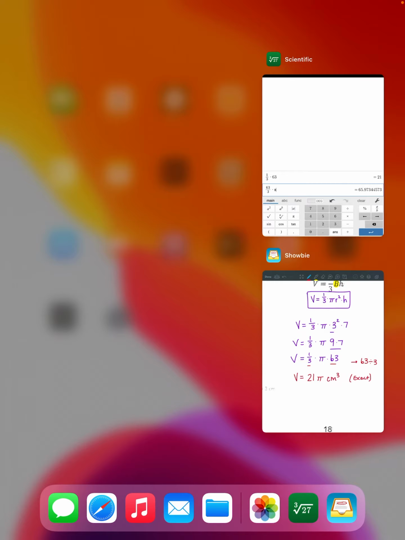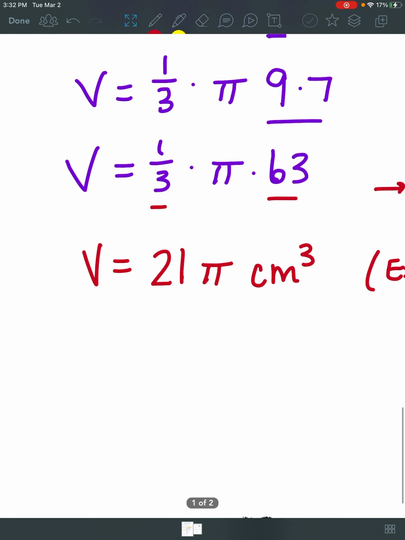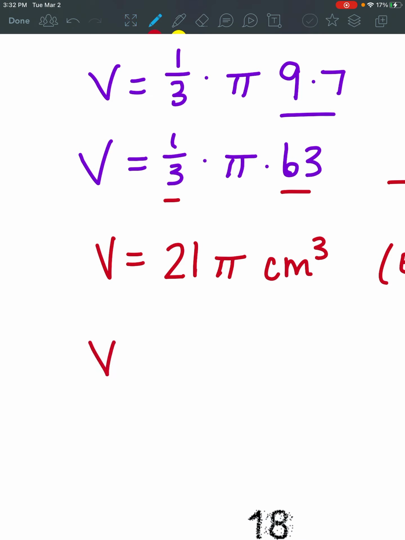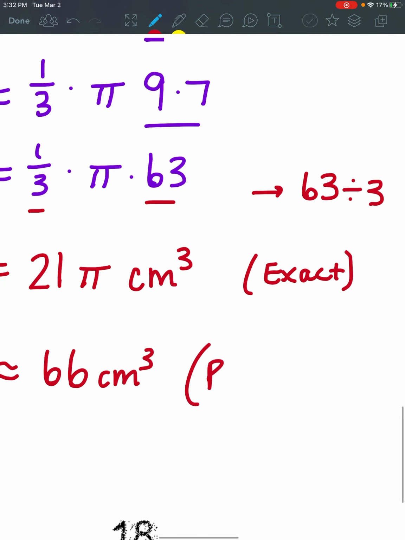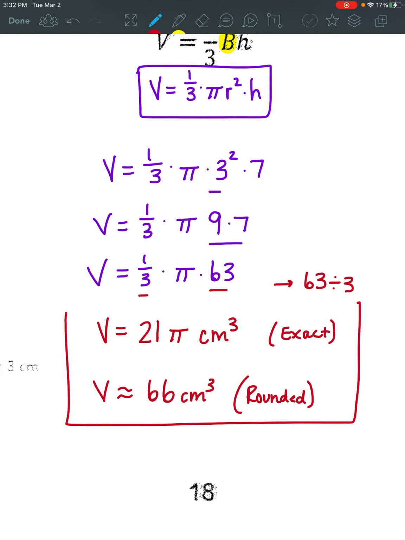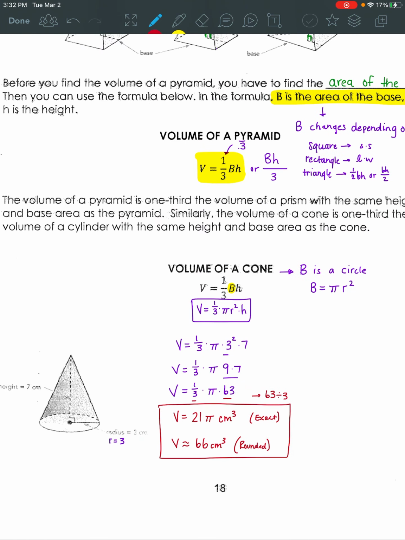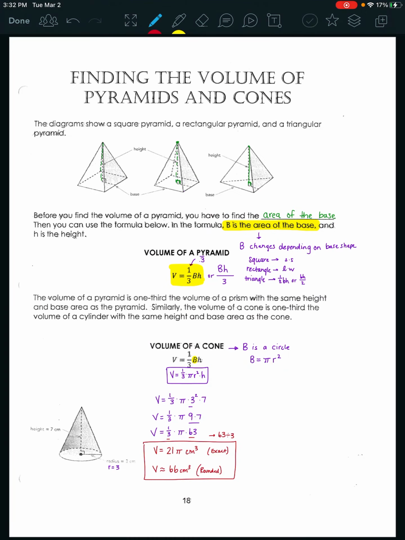If we're rounding to the nearest tenth, we'd actually round up to 66. So the volume is approximately 66 centimeters cubed, and that is rounded to the nearest tenth. So again, there are the same 2 answers, one exact and one rounded, for the volume of that cone.